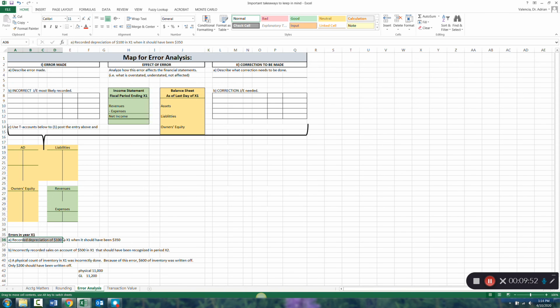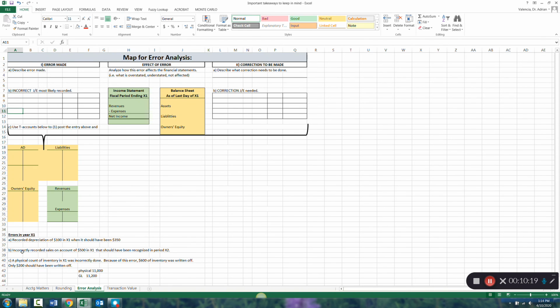In other words, we were short 250, right? So in theory, and this might seem complicated for some of you, this is the wrong journal entry. It's not intuitive. In other words, you're understating expenses and you're overstating assets. That would have been the way to analyze it a different way. But it's probably counterintuitive for some of you.